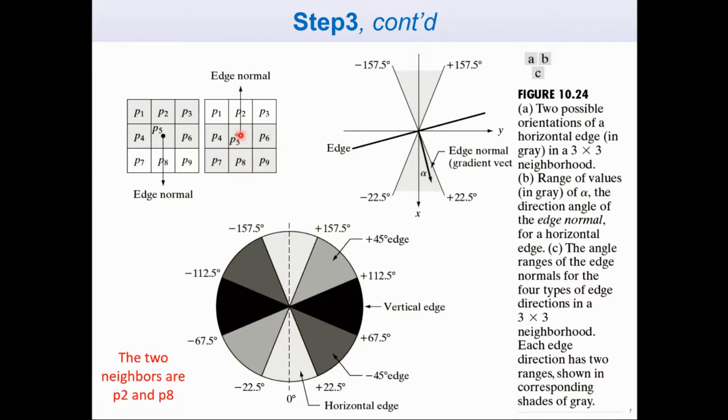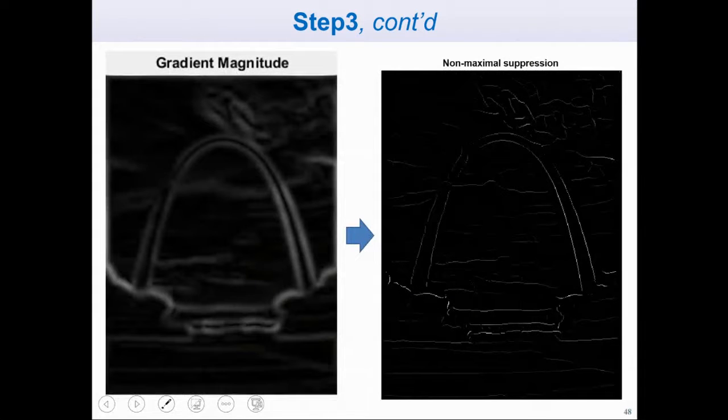If P5 has M more than the M of P2 and P8, then it stays as is. Otherwise, it's set to 0. Okay. Hopefully that's clear. So that's the gradient magnitude, and that's the output from step 3, which is the non-maxima suppression stage.